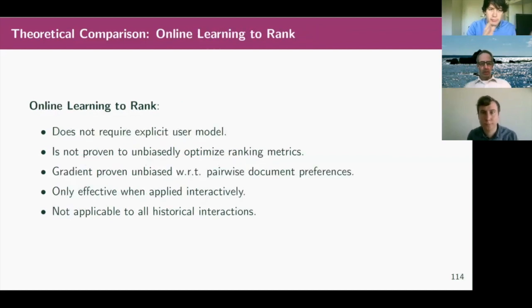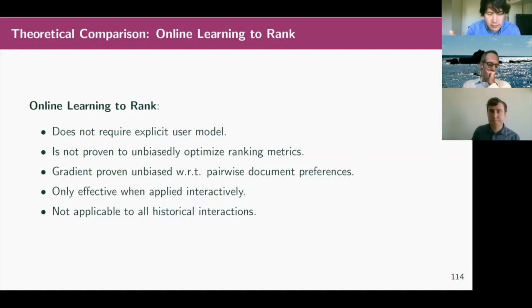Then, in the next part, we saw online learning to rank. These methods don't have an explicit user model. They use randomization to deal with biases. However, there's no proof that these things optimize actual ranking metrics. We don't have any theoretical proof that suggests that any of these methods are really optimizing any ranking metric.